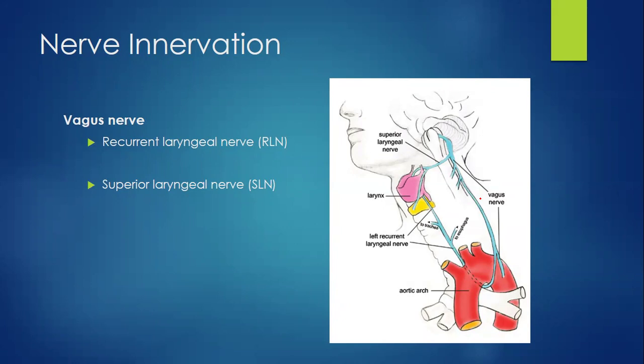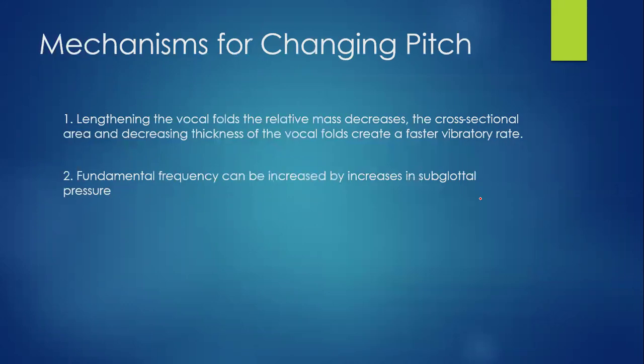I think I've seen a question somewhere about that, right? That was asking about the path or the course of the left recurrent laryngeal nerve. And so you have to understand that the vagus nerve is responsible for innervating the larynx, and the left recurrent laryngeal nerve, because of its path, could also impact a person's voice.